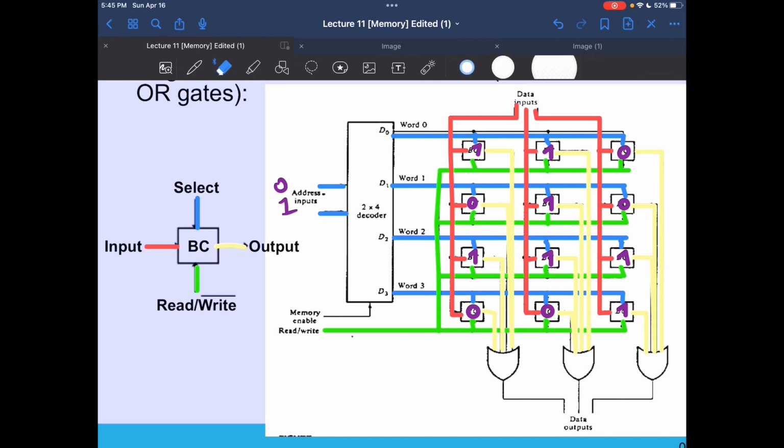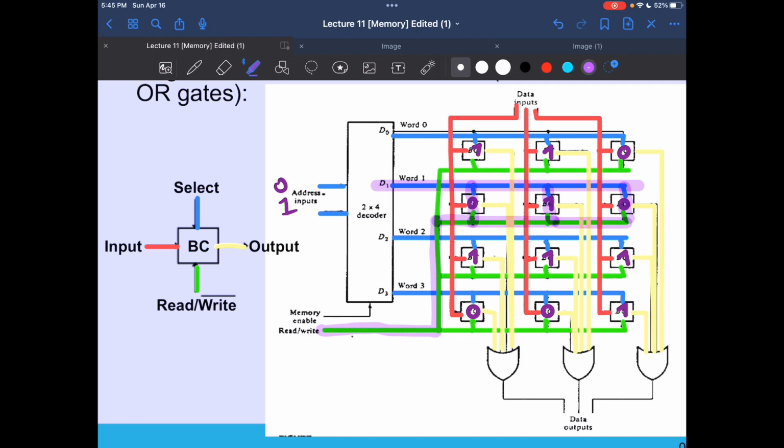This will select word number 1's binary cells. Since we have previously stored 0, 1, 0 in the binary cells, but this time we want to write something, so this will be overwritten. So when we select the write option, this will go to the binary cells' write options.